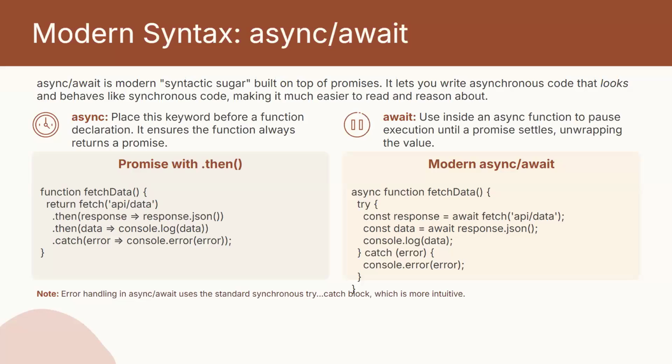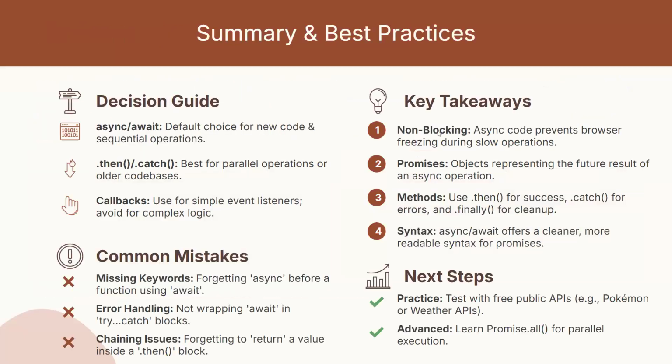Error handling is simpler using the try catch block, which is one of the most familiar blocks you will ever see. We'll see how async await compares directly to promises in a real example, and how it makes sequential operations much easier to follow.